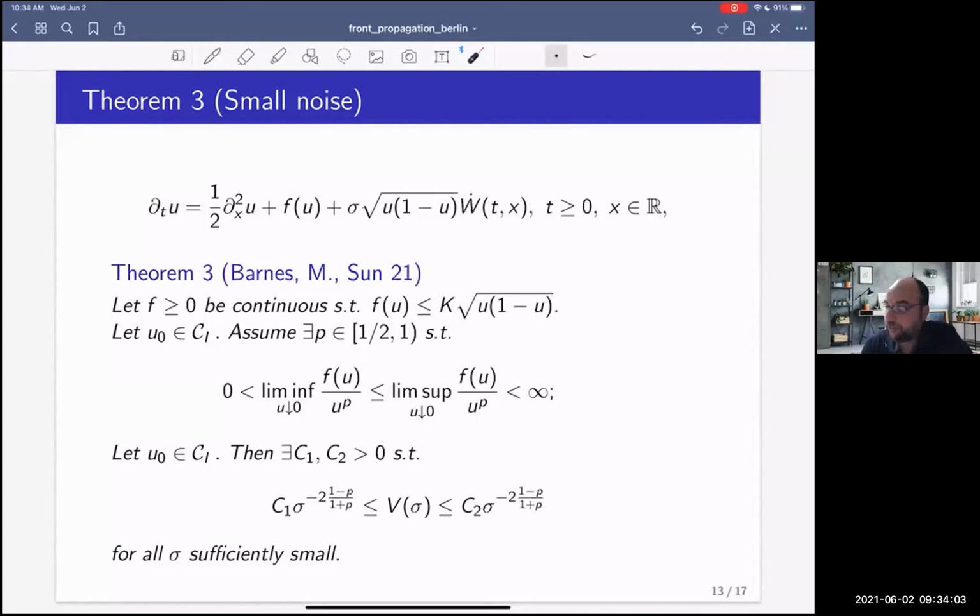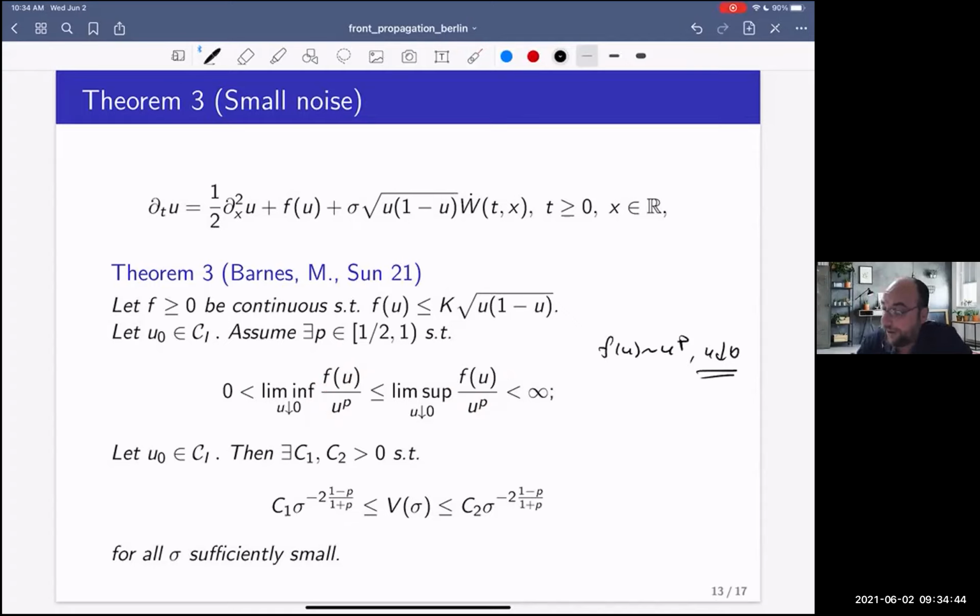Suppose now again f(u) is non-negative, continuous, and bounded by the square root of u(1-u), the same condition we had in the previous paper with Karl and Lenya. And then we make the assumption that the lim inf of f(u) over u^p is greater than 0, and the lim sup of this ratio is less than infinity. So around 0, f(u) behaves like u to the p for small u.